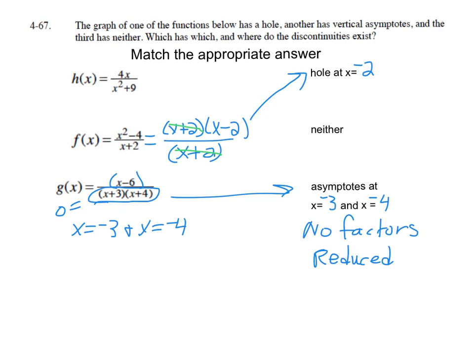And by default, this one has to be neither. This is in factored form. I cannot factor it any further. And if you actually graph this, I believe you're going to get something that's got a little bit of a bell shape to it. And it has neither vertical asymptotes or a hole.